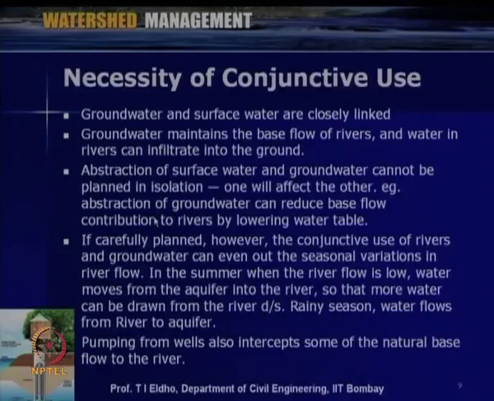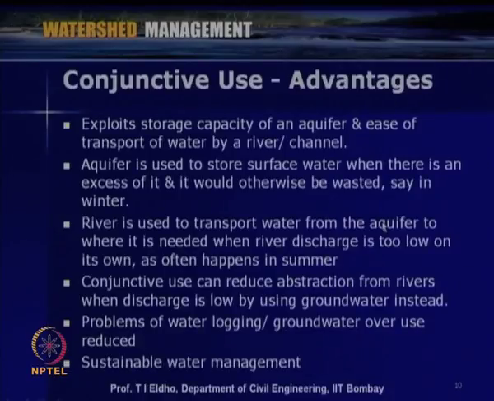If the aquifer is recharging on the upstream side, the downstream river will get more water. In the rainy season, water flows from the river to the aquifer, as the head is rising. Pumping from wells also intercepts some of the natural base flow to the river. Due to all these issues, we have to go for conjunctive use, which is the best way of utilizing the available water resource.